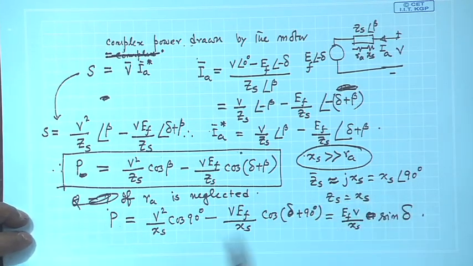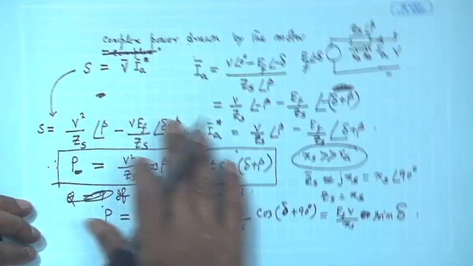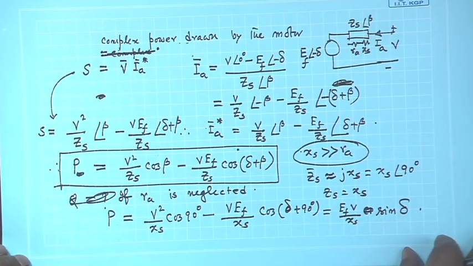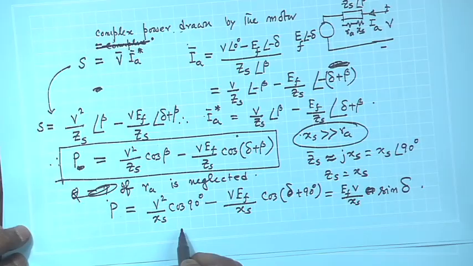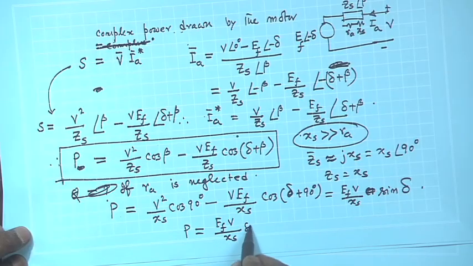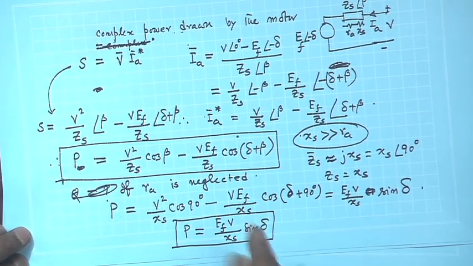To conclude, a lot of problems you can solve by this method, whether R A is given or not, or whether R A can be neglected or not. The expression of the real power, which is most important, EF V by X s sin delta, is the same for motor and generator mode.